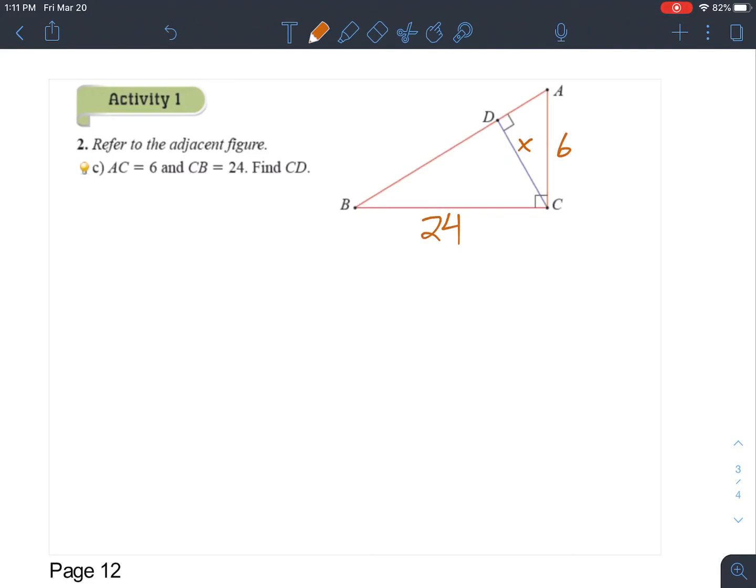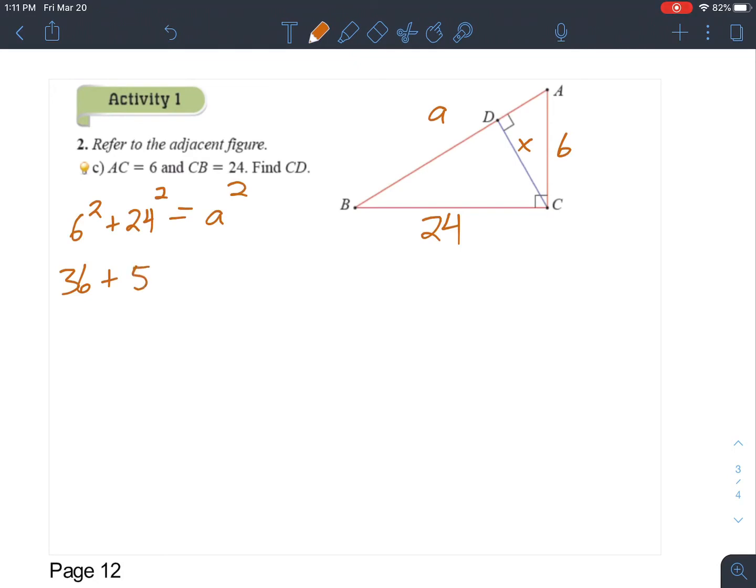So we are going to have 6 squared plus 24 squared is going to be equal to, and I'm going to just call that A for now, A squared. So we're going to get 36, and I'm pretty certain that's 576 there.